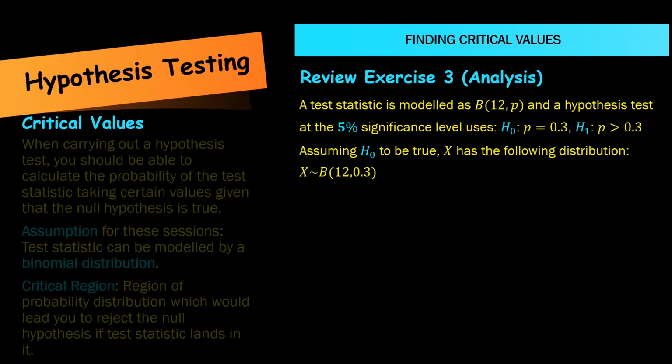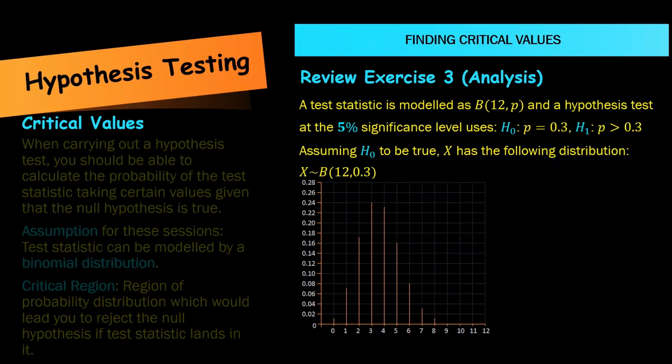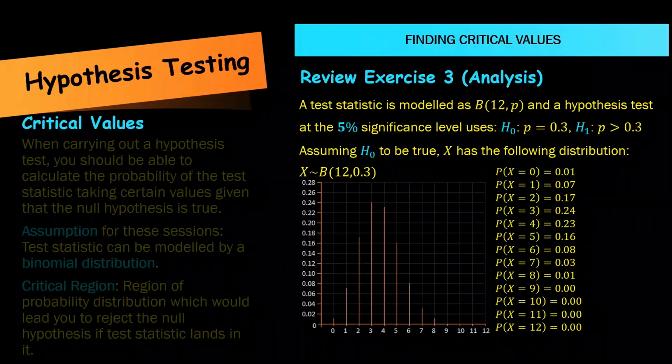X is distributed binomially with n equals 12 and p equals 0.3. The probabilities associated with this distribution are given on the right-hand side of your screen. You can find these by either calculating using the binomial distribution probabilities, or you can look them up in your tables.